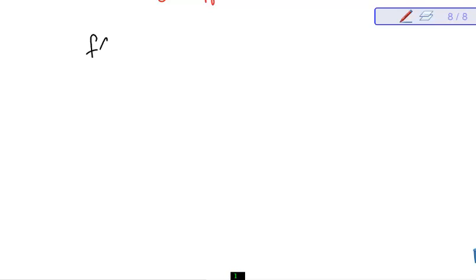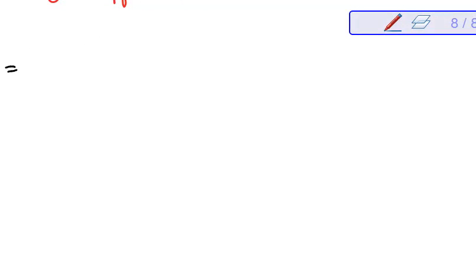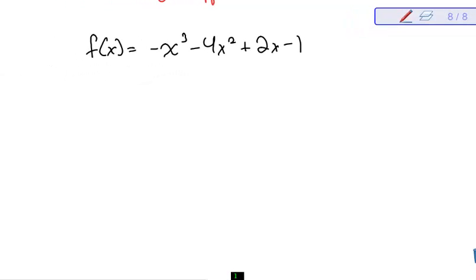If I have f of x equals negative x to the third minus 4x squared plus 2x minus 1, I want to find two different things. I want to find my degree, and I want to find my leading coefficient.